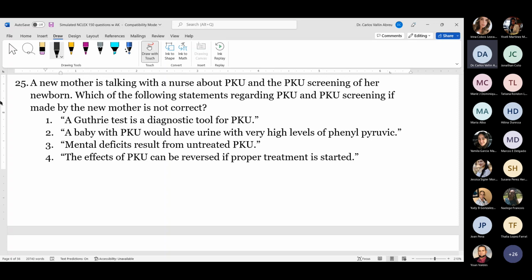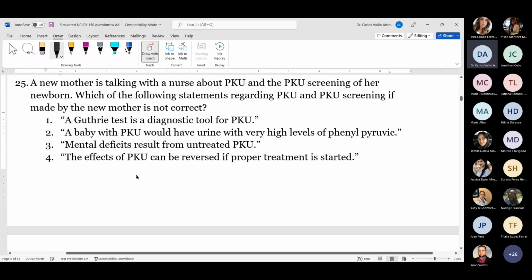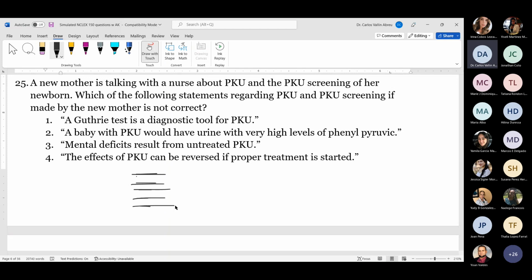But then for these kinds of questions, I'm going to give you a trick. They always give a select-all-that-apply list of those conditions. PKU, you already know. Hypothyroidism, you already know. Deafness, and maybe they list galactosemia, maybe some weird disease.